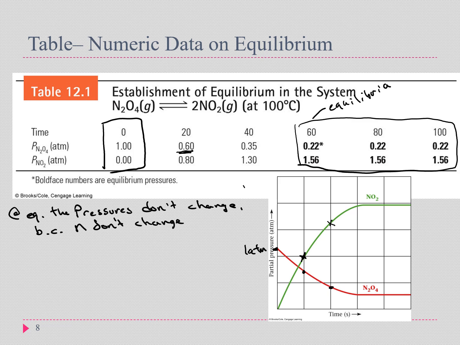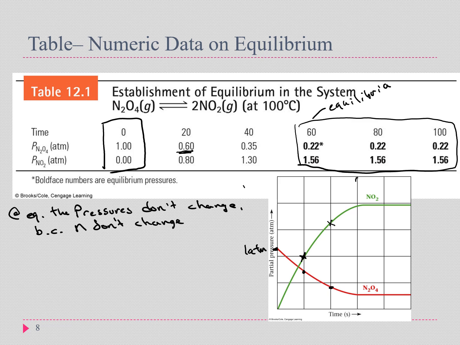Remember that the amounts and pressures are directly related to each other by the ideal gas law. It's not that the N2O4 isn't still decomposing. It is. But at the same rate, it's being replenished by more NO2.